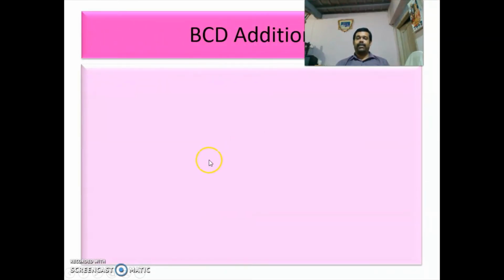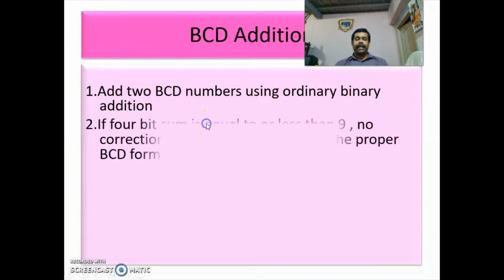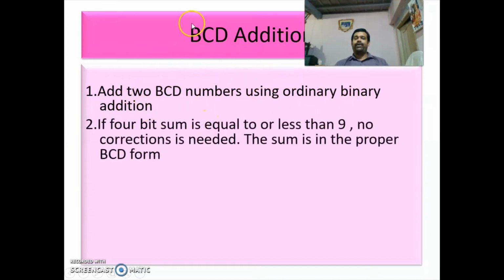Next we are going to see BCD addition. To add two BCD numbers, you have to add those two numbers using ordinary binary addition.